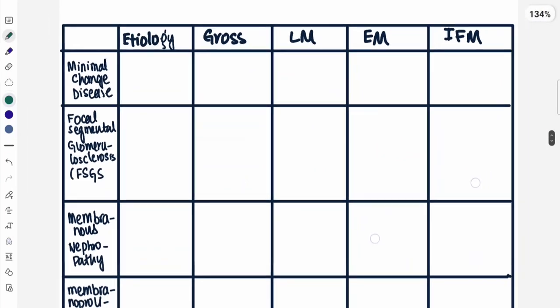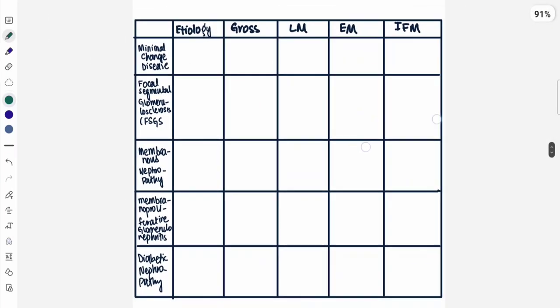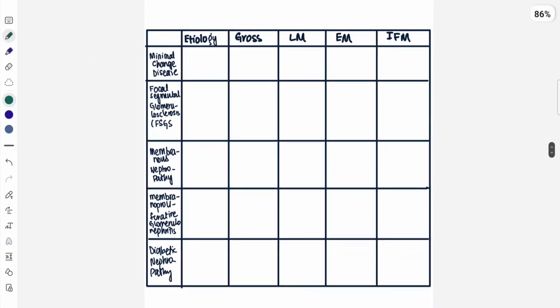So here is the comparative table that we are going to follow, for nephrotic syndrome first. An important consideration is why we are even making this comparative table. First we're going to look at the etiology, and then the gross structures.